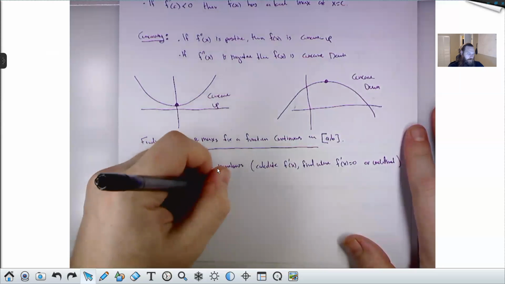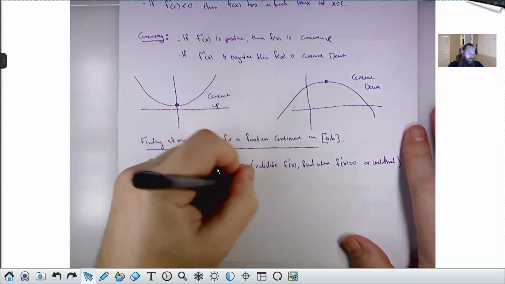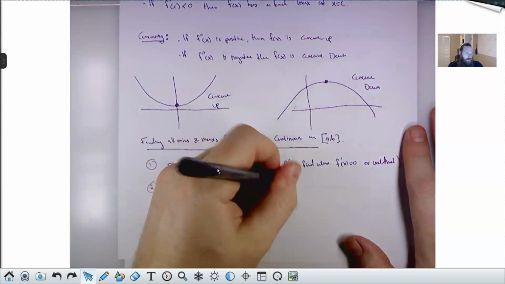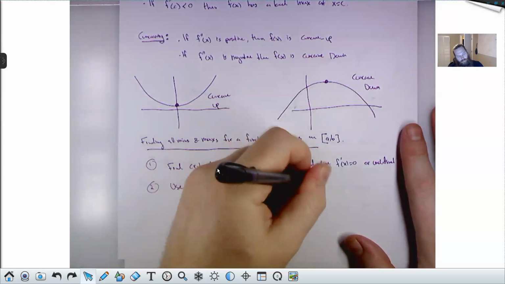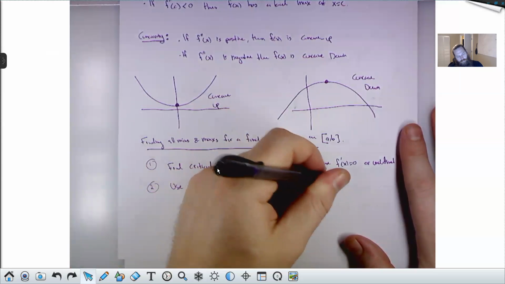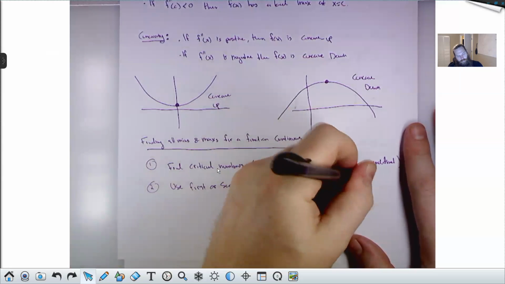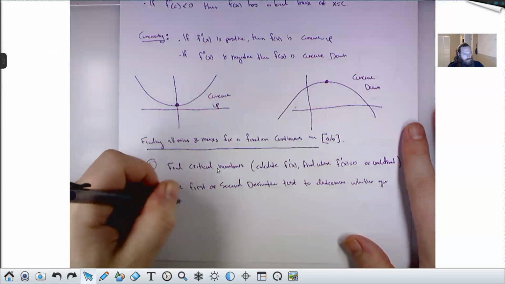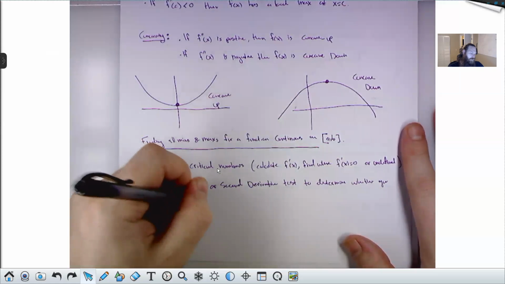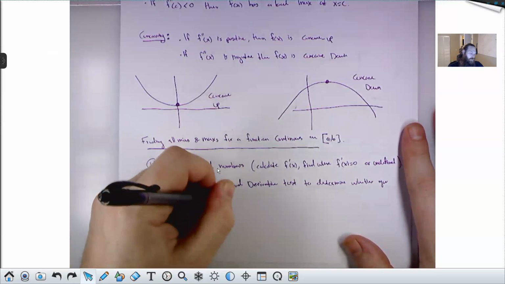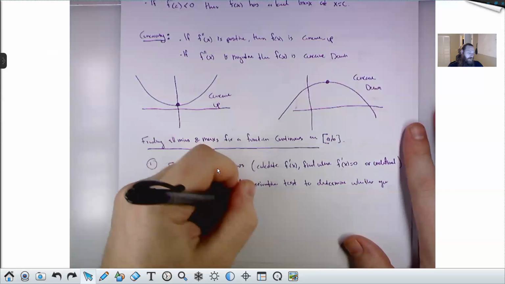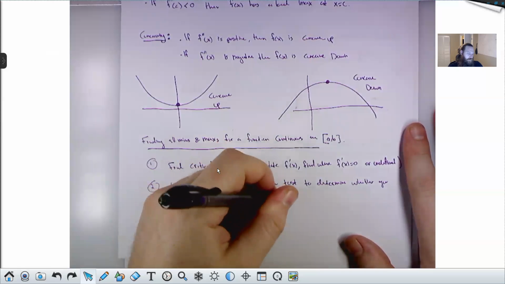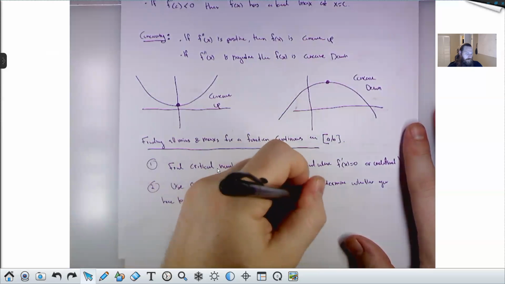You could use the second derivative test also. To determine whether you have local mins or maxes, or neither, at those critical numbers.